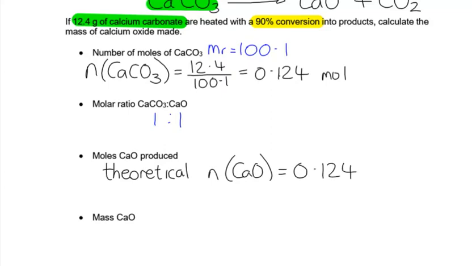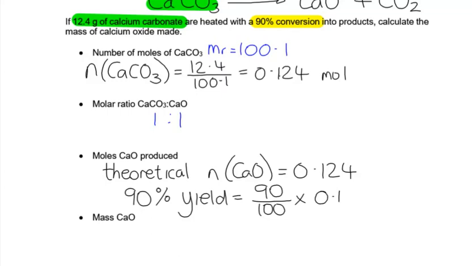But we've been told that we've only got 90% yield. How would you work out 90%? Well, 90 out of the 100 actually got formed, so work out 90%.